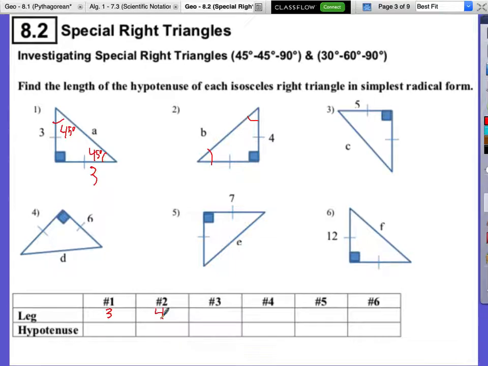I'm sensing a pattern, Mr. Caution. I'm sensing a pattern. Are these two right? Yep. I found a pattern.